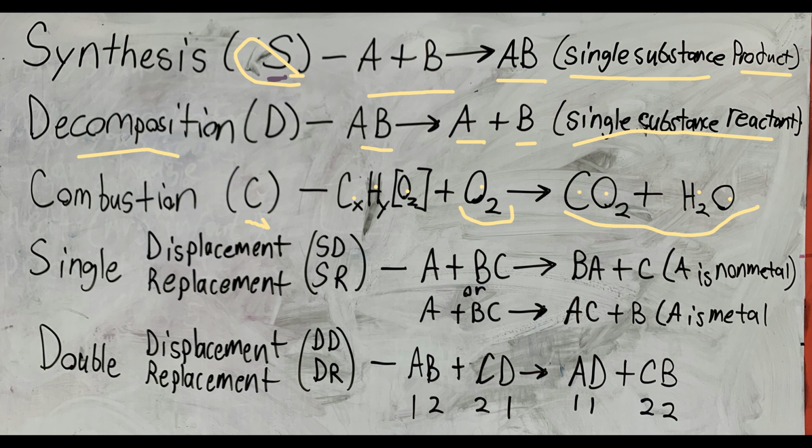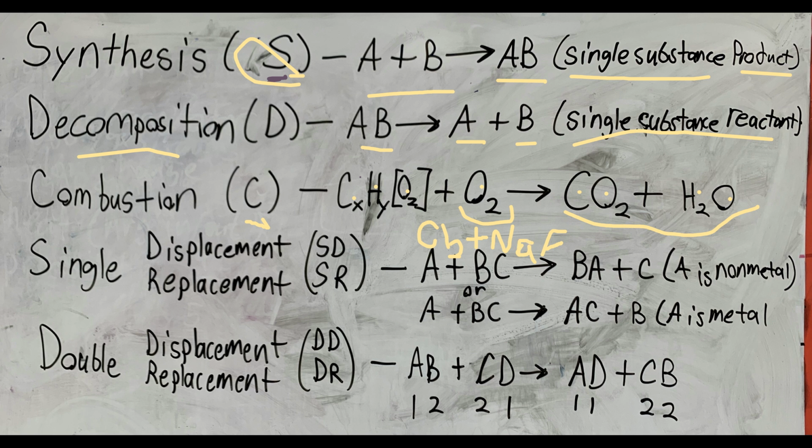Then single displacement is an A plus BC, and there's a difference if A is a nonmetal, like chlorine. Say A was a nonmetal like chlorine, and it was Cl2 that bonds with a BC, sodium fluoride, for example.